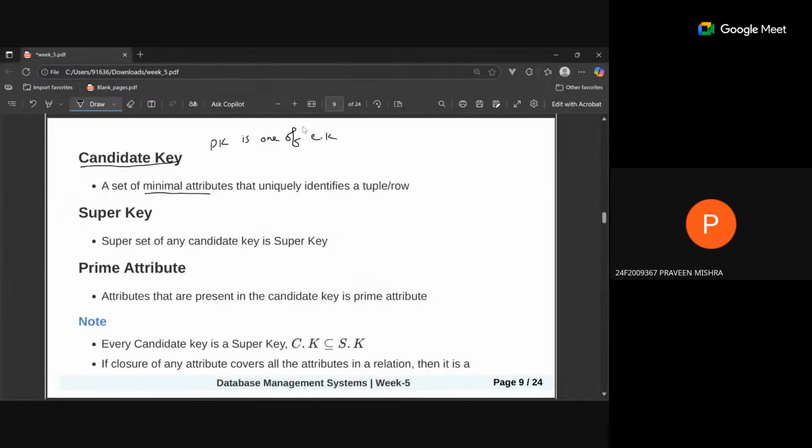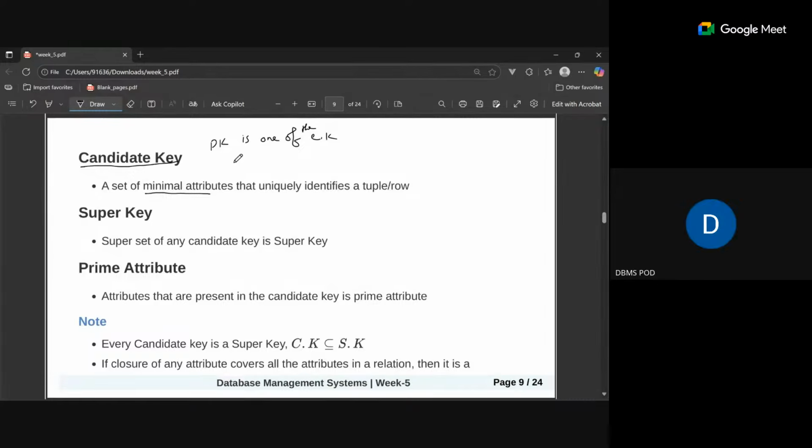Because the candidate key's definition is also the same: a set of minimal attributes that uniquely identifies a row. A primary key also does that. A primary key identifies a row uniquely, but it is nothing but one of the candidate keys. Can a candidate key be null? No. I said it's like a primary key only.